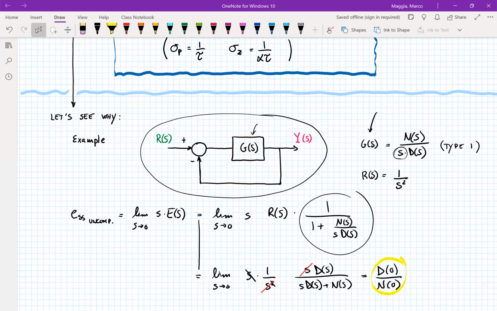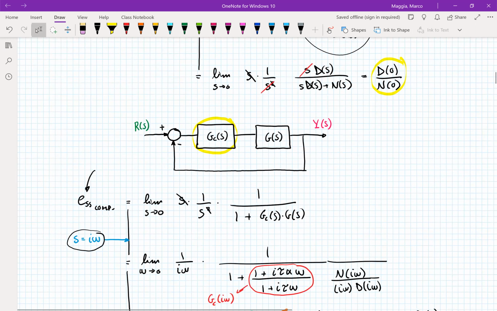In this case, we do not want to touch the steady state error. We can use something else to control it. So the design of these phase lead or phase lag compensators has a goal that is a little bit different, as we will see.